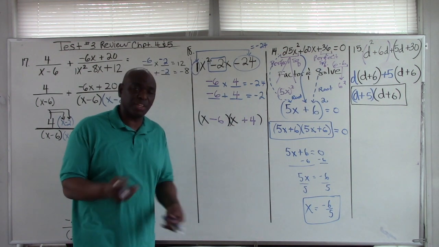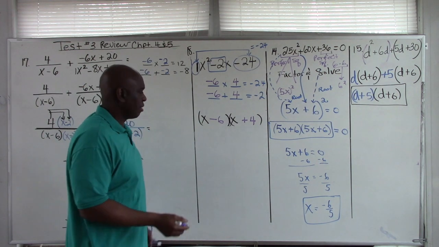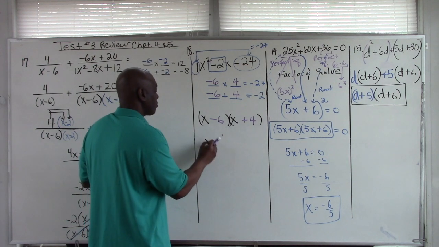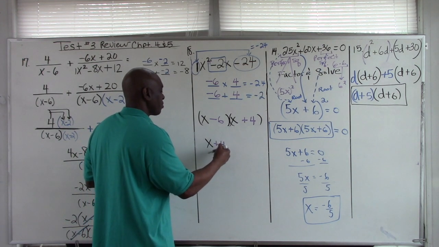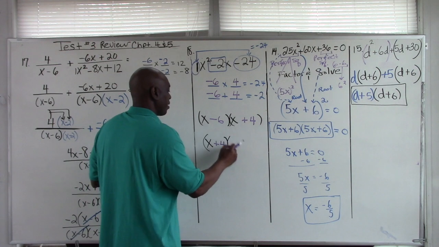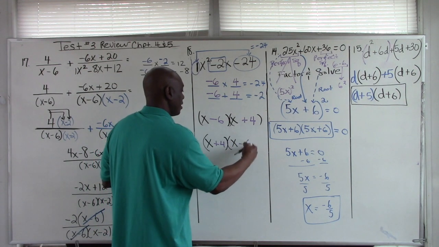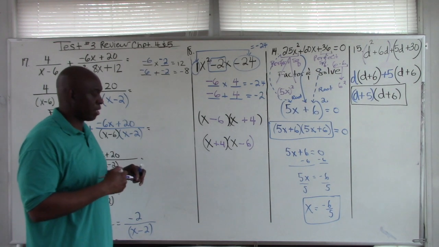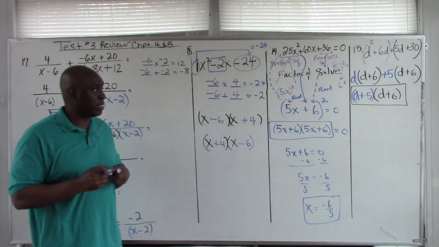You could have written it the other way around, x plus 4 first and then x minus 6 second. It doesn't matter. Both of them are still correct. That's number 18.